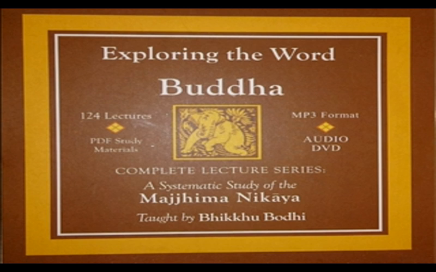I use the word abandoning in a general sense. 2 of them are concerned with the destruction of the asavas, and the other 5 with the restraining of the asavas. The ones that are concerned with the destruction or elimination of the asavas are seeing and development. The other 5 are cultivated for the purpose of restraining the asavas.